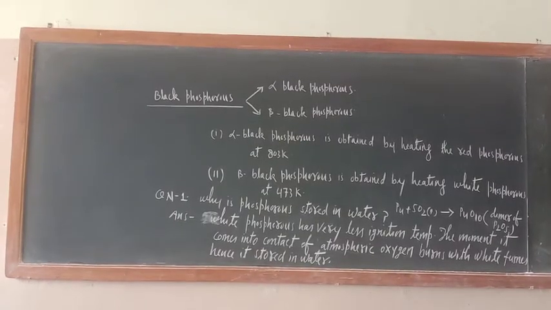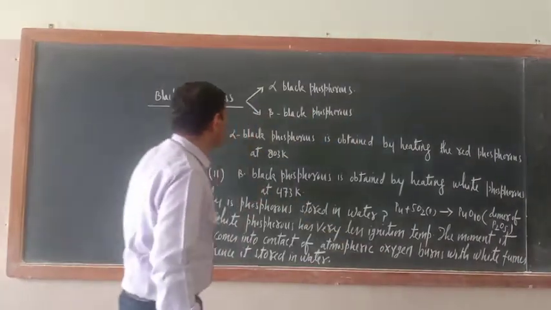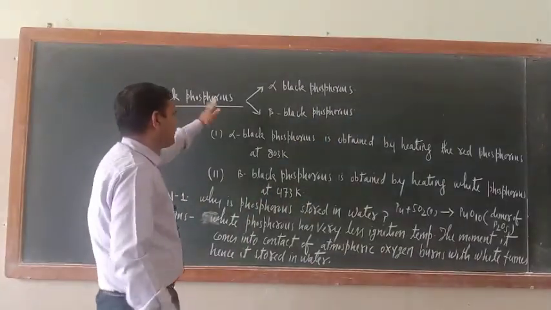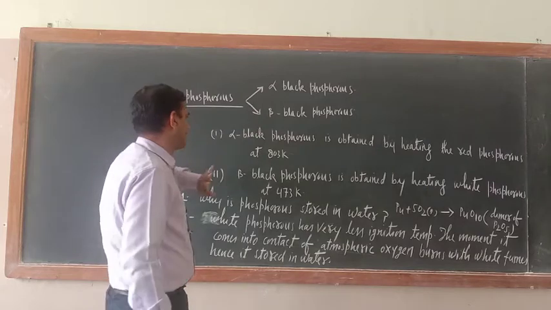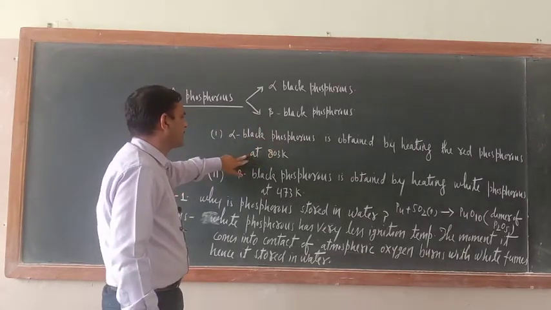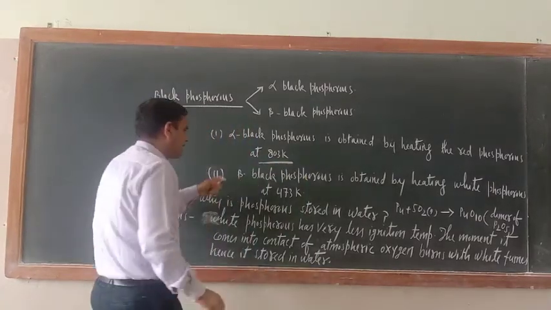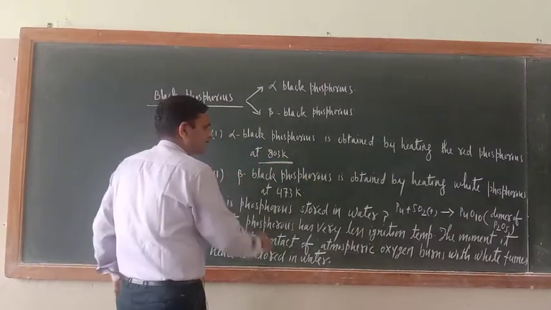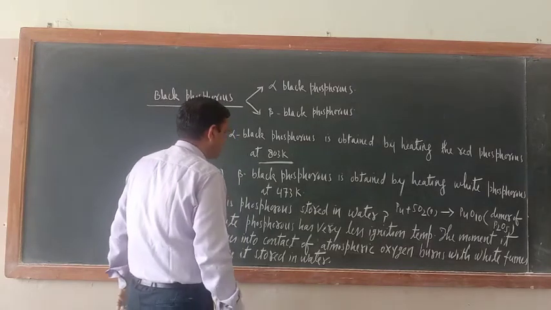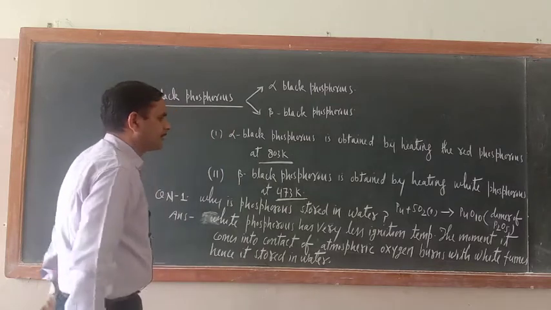So now, dear cadets, the third one is black phosphorus. Actually, black phosphorus is found in two forms, alpha black phosphorus and beta black phosphorus. Alpha black phosphorus is obtained by heating red phosphorus at 803 Kelvin. Beta black phosphorus is obtained by heating white phosphorus at 473 Kelvin.